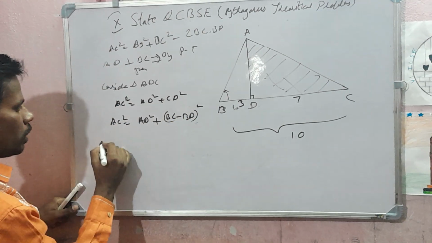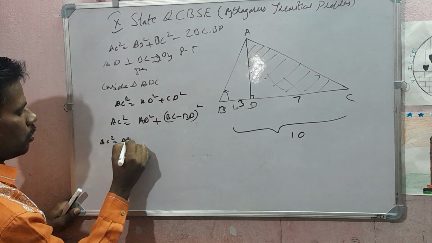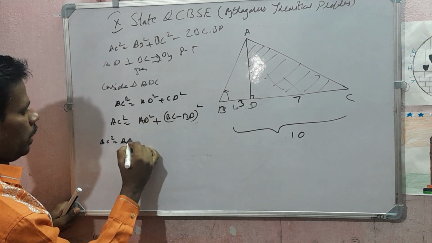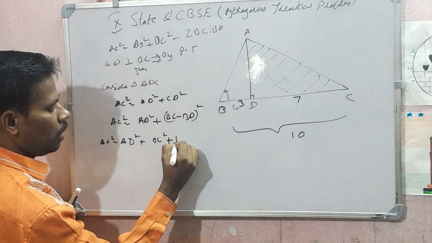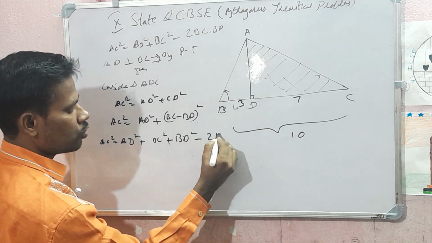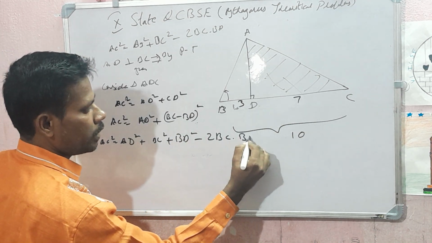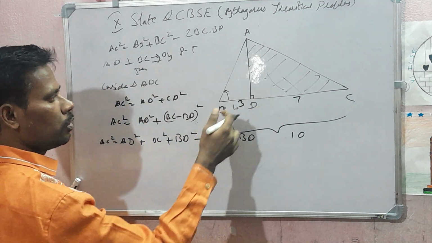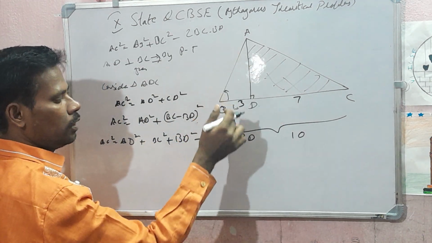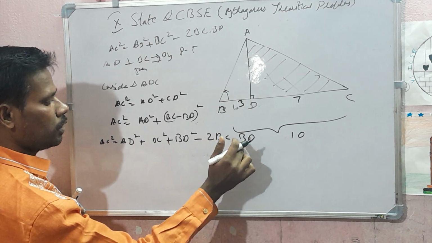Apply (a minus b) whole square. So AC square is equal to AD square plus BC square plus BD square minus 2 times BC into BD. This is because angle B is acute.